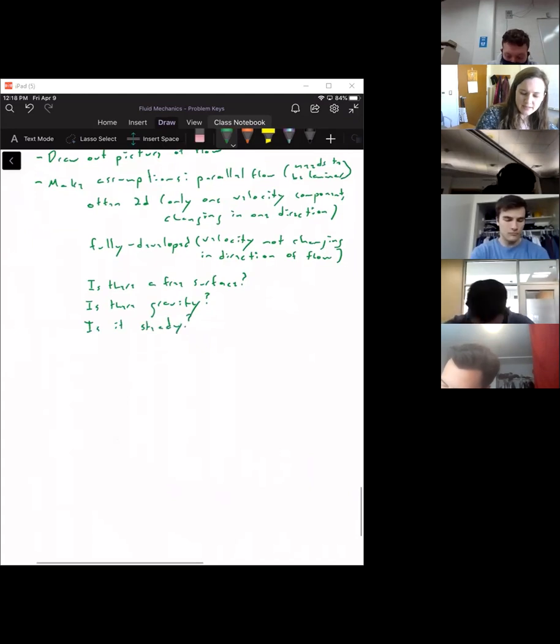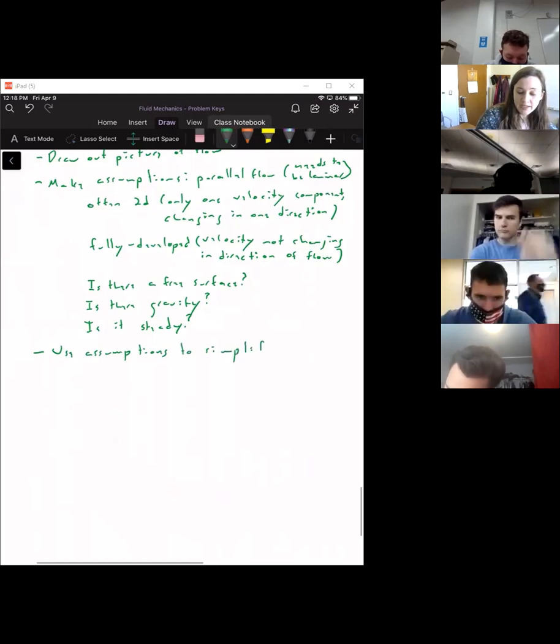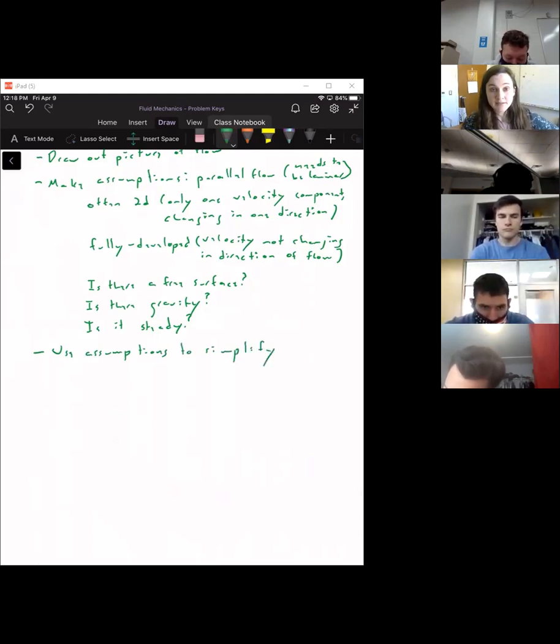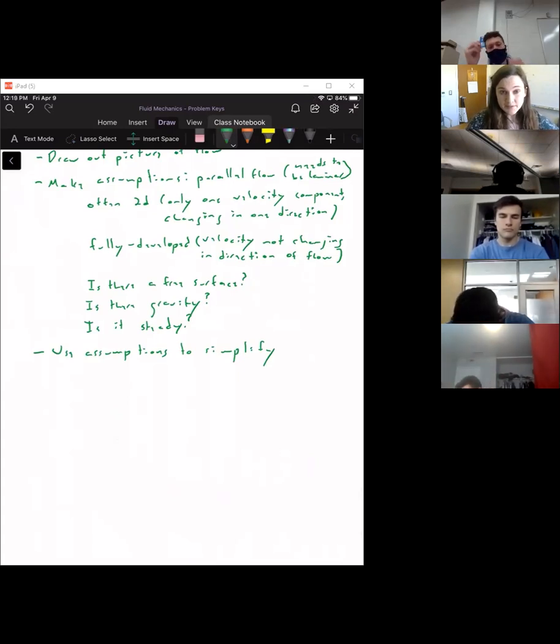So you make all these assumptions and then you use assumptions to simplify. For any problem I would give you, it should simplify down to something that you can integrate. If it doesn't, it probably means you need to make some more assumptions, because I will not give you one that you would not be able to solve.